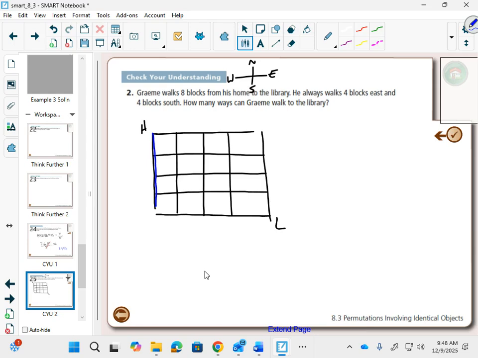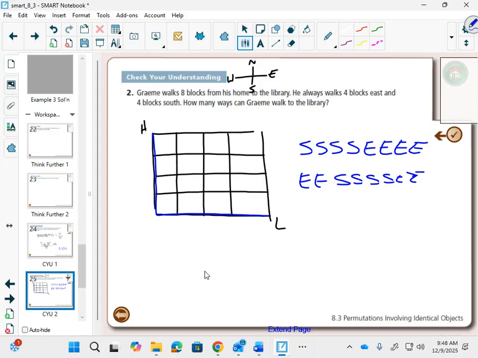But if you take one of those and write it out, this is south, south, south, south, east, east, east, east. And every time I rearrange those letters, it's a different route. If I take these letters and rearrange them, that makes a new route.